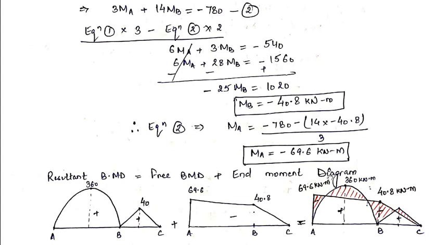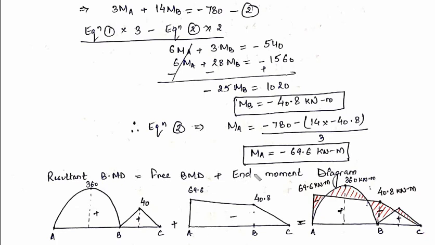Now, in order to draw the end moment, at point A, the value of MA came out to be minus 69.6. We will show the minus values above the axis only, because when we superimpose these two areas, the plus and the minus areas which coincide will cancel out each other.